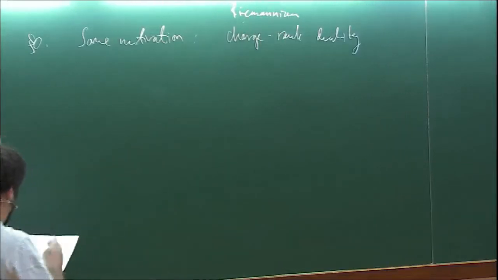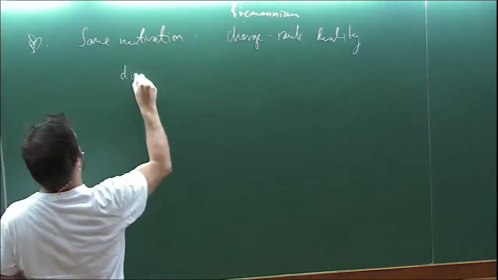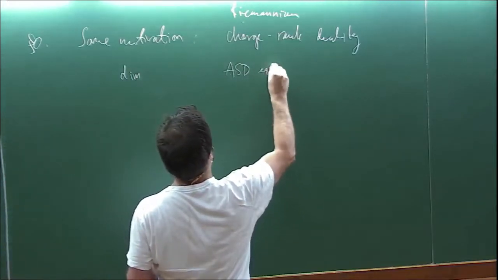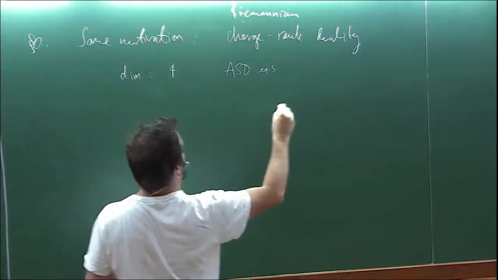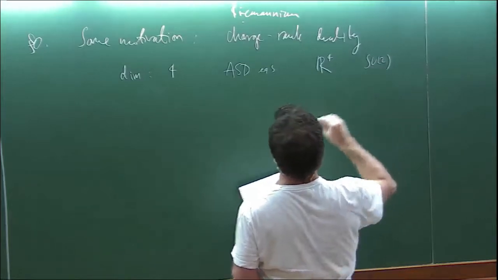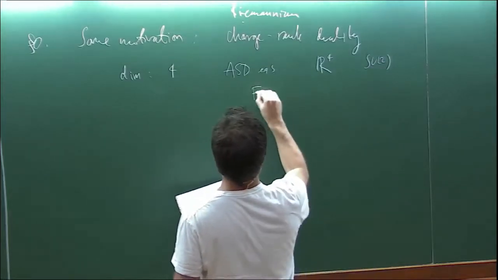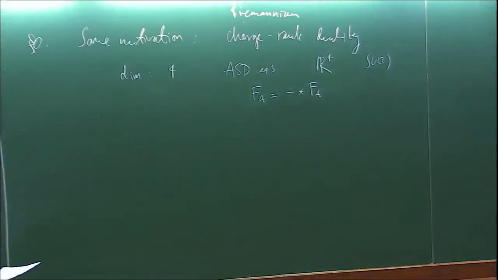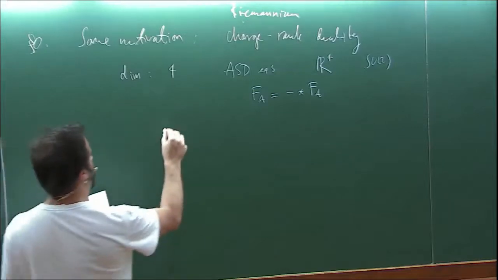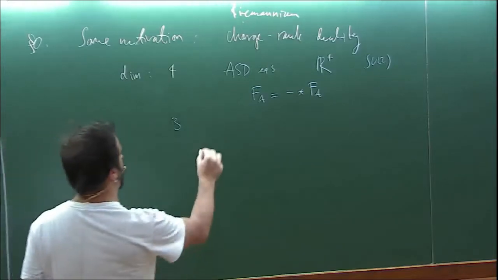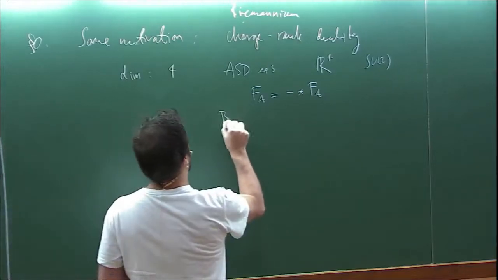This is the story when you start with the anti-self-dual equations in R4, for example for the group SU(2). Everyone is familiar with them. Then there are dimensional reductions which are important, and they have been a source of great attention from physicists. There are the Bogomolny equations in 3 dimensions.